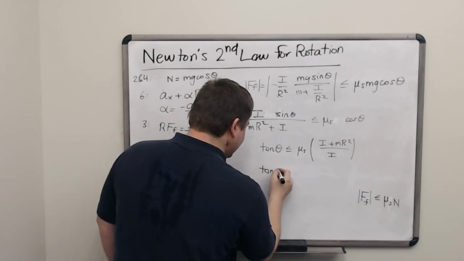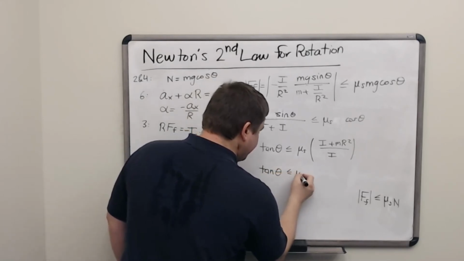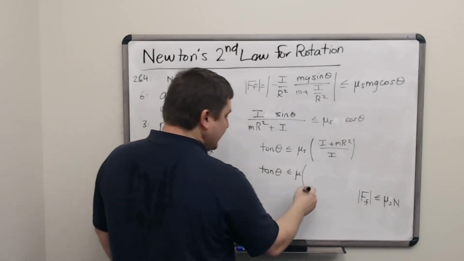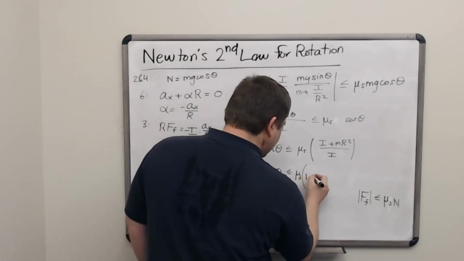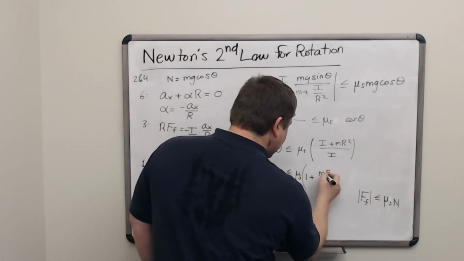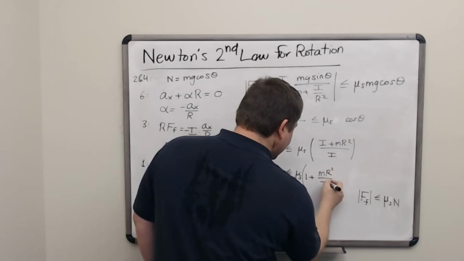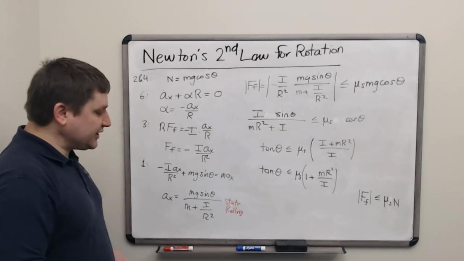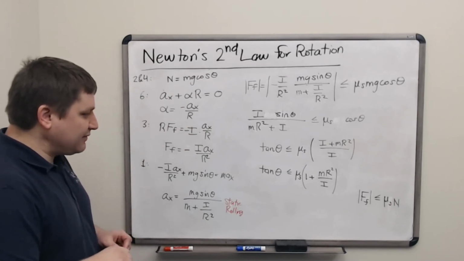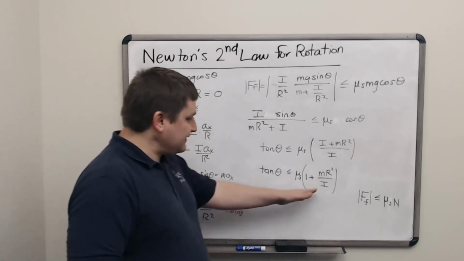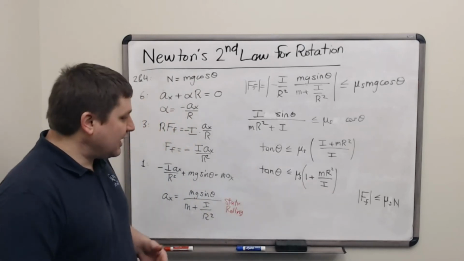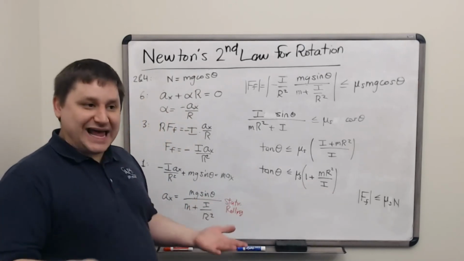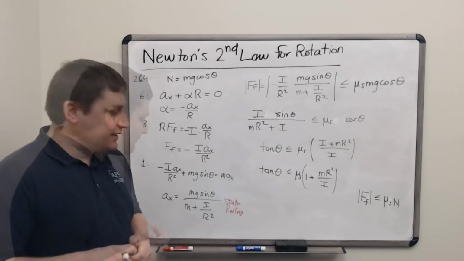We'll do one more simplification. We've got a denominator of I here, so this is the same as 1 plus mr squared over moment of inertia. Okay, so there's our condition on the angle of the ramp related to the mass and moment of inertia of the object on whether it will be able to stay in static rolling or not.